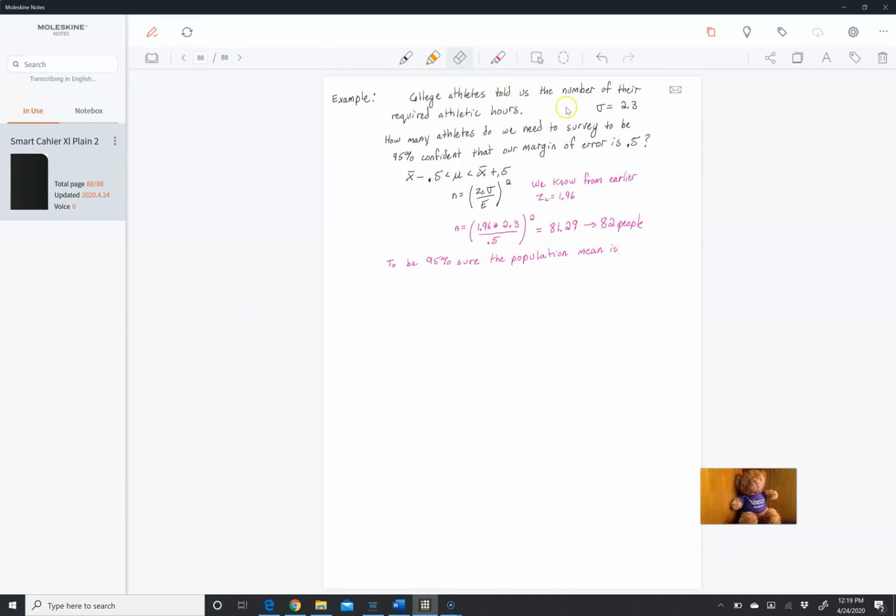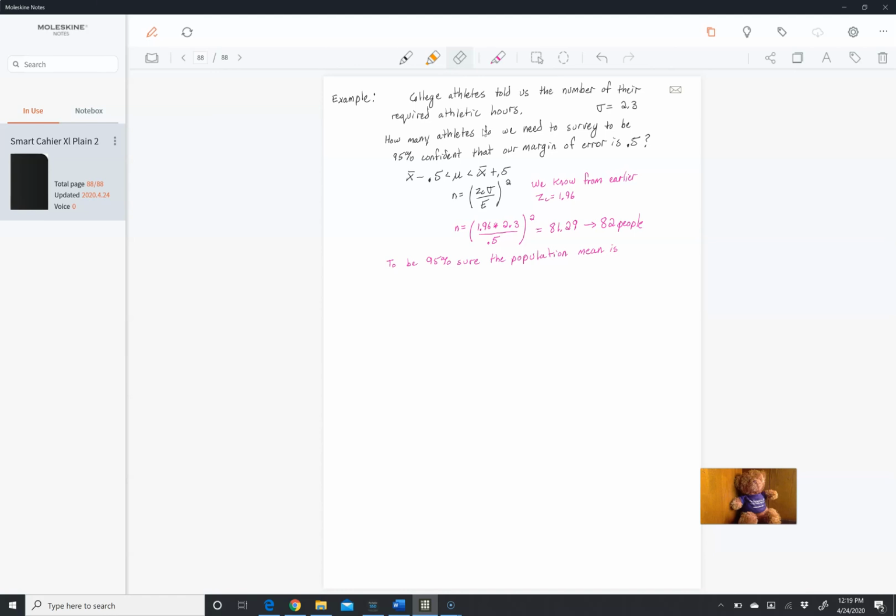That would only be true, so the 20.5 and the 21.5 would only be true if we asked the 82 athletes and the sample mean was 21.1. Okay, so that's why I don't want to put that in, because the sample mean is kind of irrelevant here, right? The sample mean is determined from all of the athletes that we're asking.